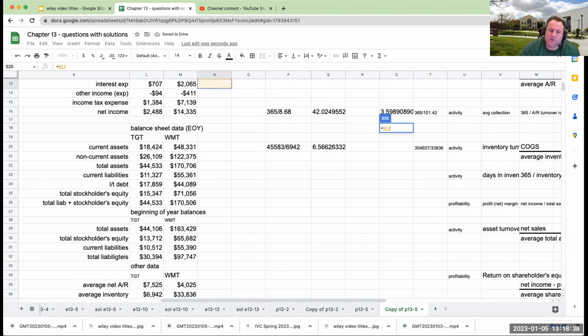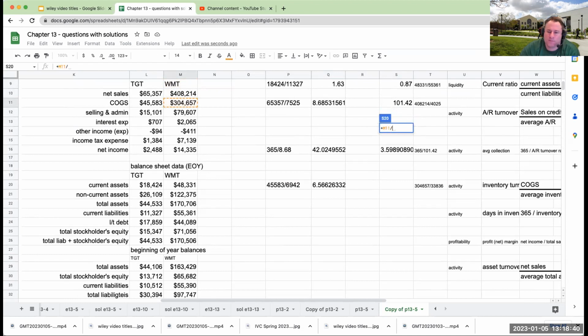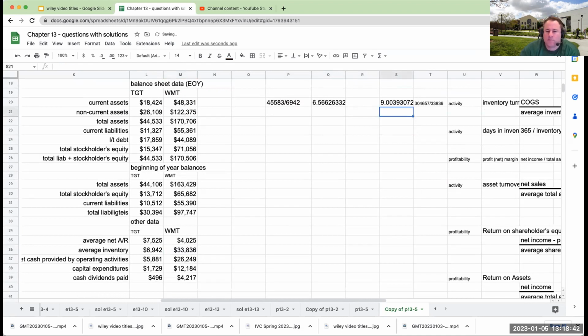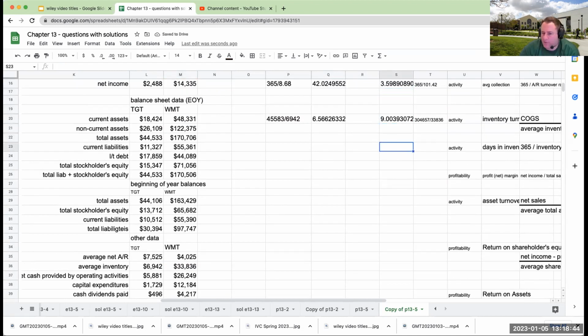And so this number over here is going to be 9. Okay, meaning it's turning 9 times per year. So if I take 365 and divide it by 6.56, this is going to give us my activity or my days sales.